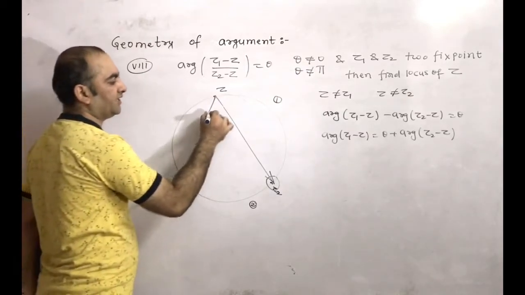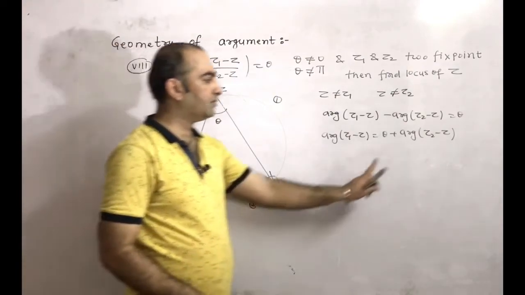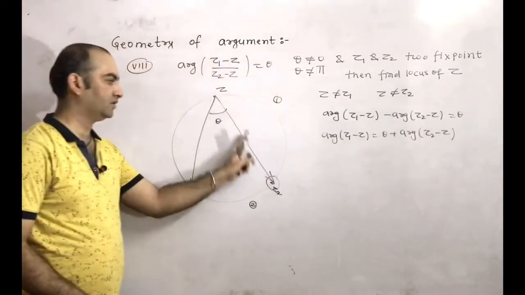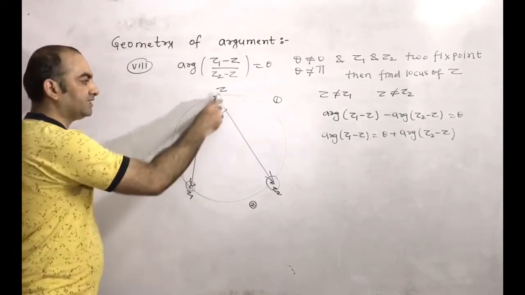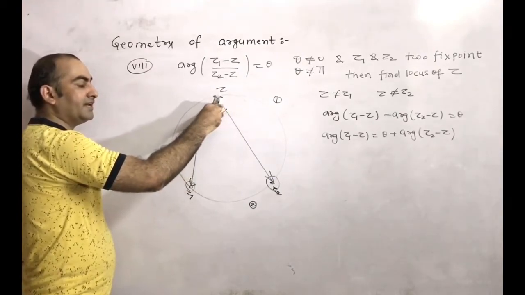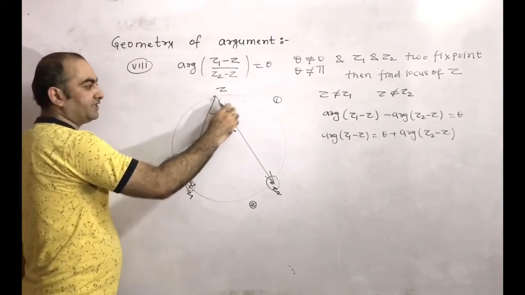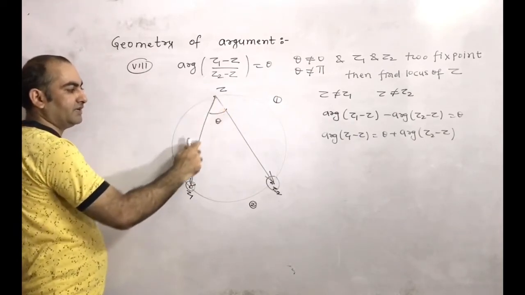Suppose this angle is theta. Now argument of z2 minus z is this one. Now this line, in which direction do we have to rotate it to get this line? We have to rotate this line in clockwise direction with theta degree, and we'll get this one.